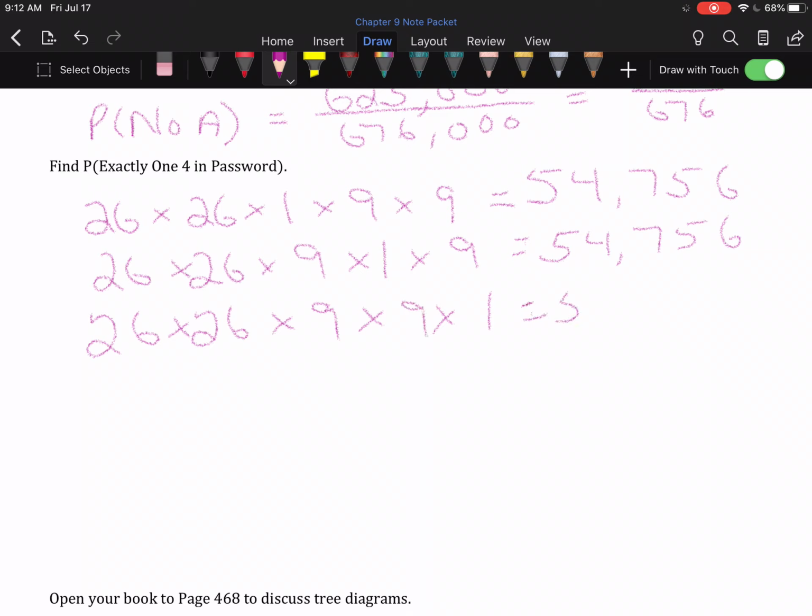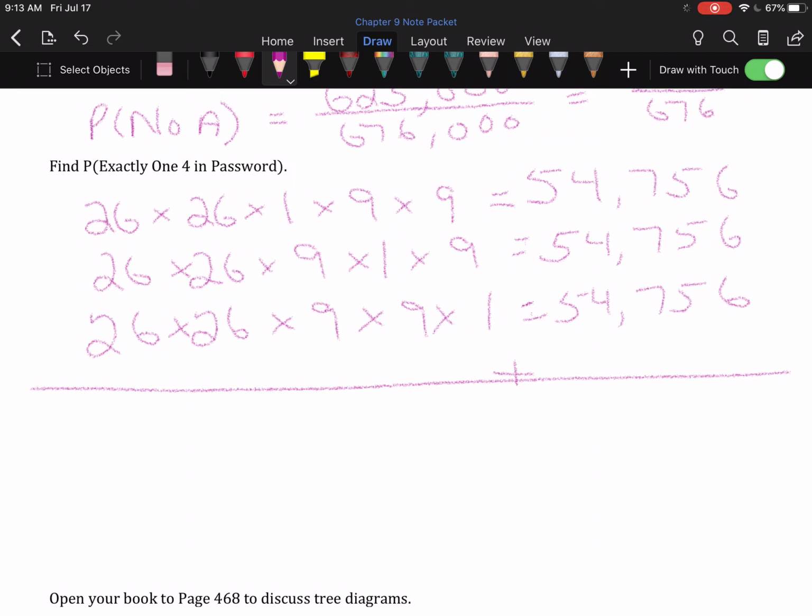There are 54,756 passwords that have 4 in the first number position. There are 54,756 passwords that have 4 in the second position. And there are 54,756 passwords that have 4 in the third position that have no other 4s in them. So this is all the possible combinations that have just one 4.